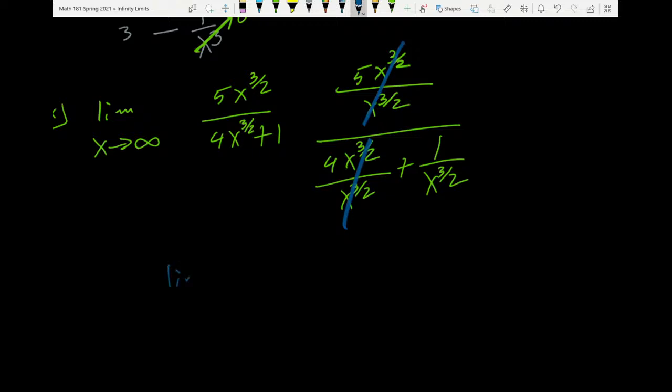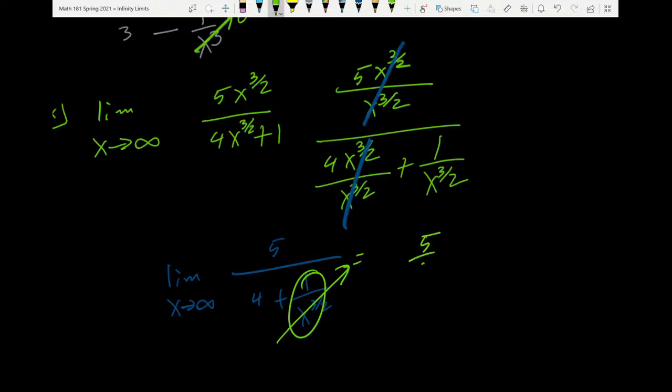And then the limit as x goes to infinity of 5 over 4 plus 1 over x to the 3 halves. It doesn't matter even if it's 3 halves or something like that. This will still equal 0 because it's infinity, but it's a smaller infinity. And then you get 5 over 4.